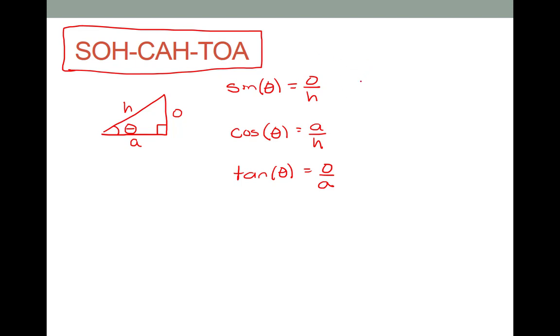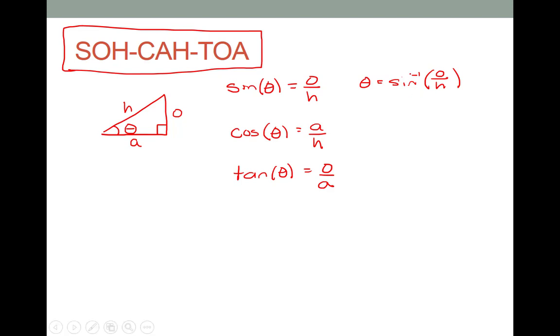The other thing to remember is that if you want to find the angle, you might need to take an inverse function. So theta is the inverse sine of opposite over hypotenuse.